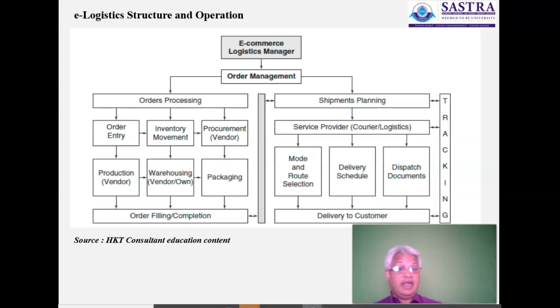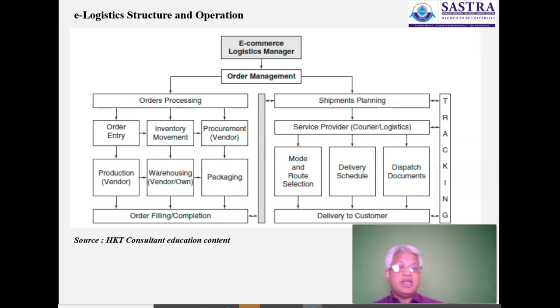And third, if at all, the documentation part. When I use the words if at all, please understand documentation is very essential in every delivery process. But some documents are very important when we go for shipments which include exports and imports. So dispatching documents becomes very crucial. Otherwise, without the documentation, the customer cannot even release the goods.